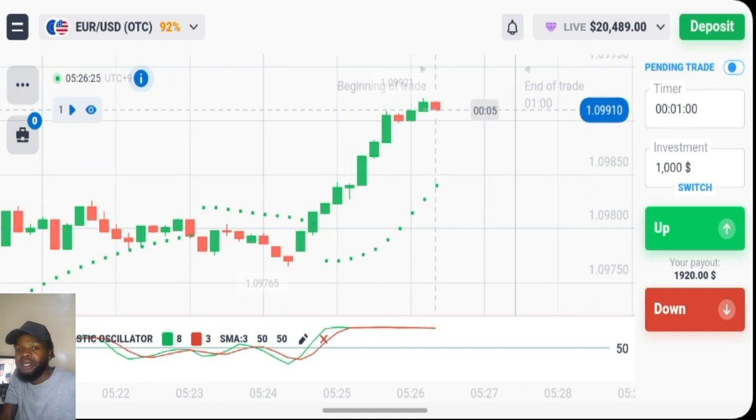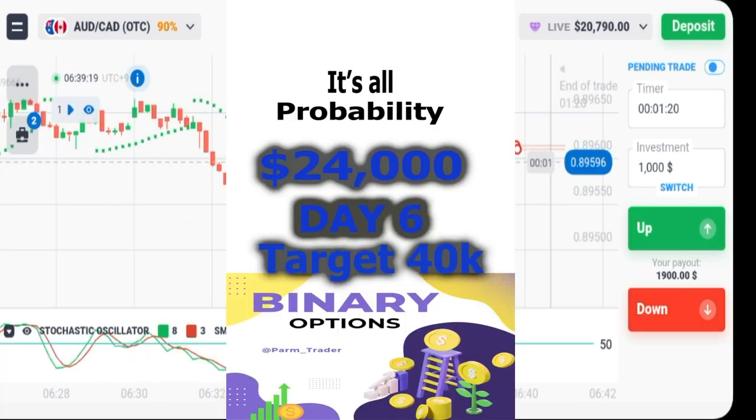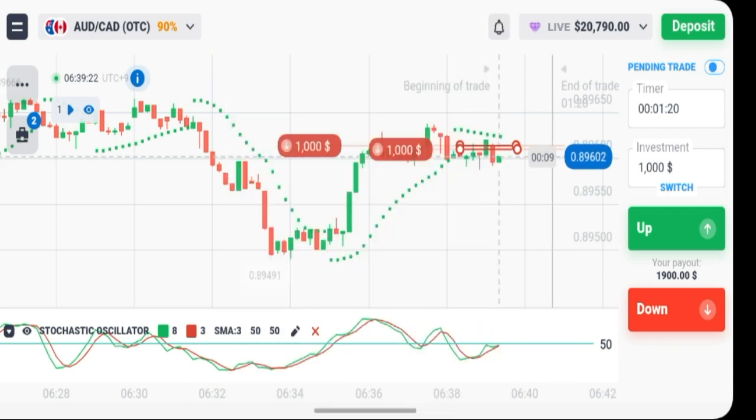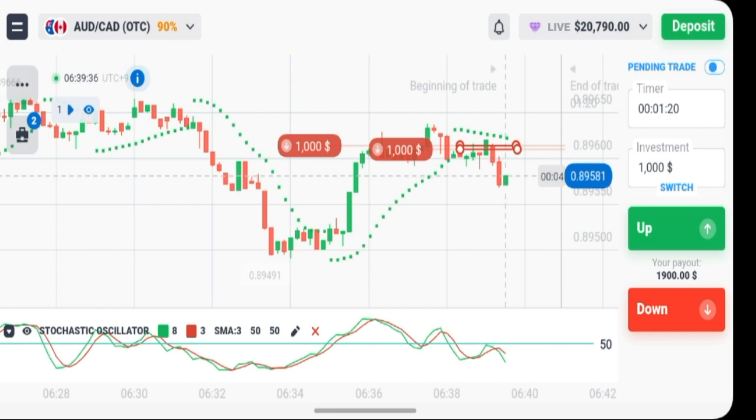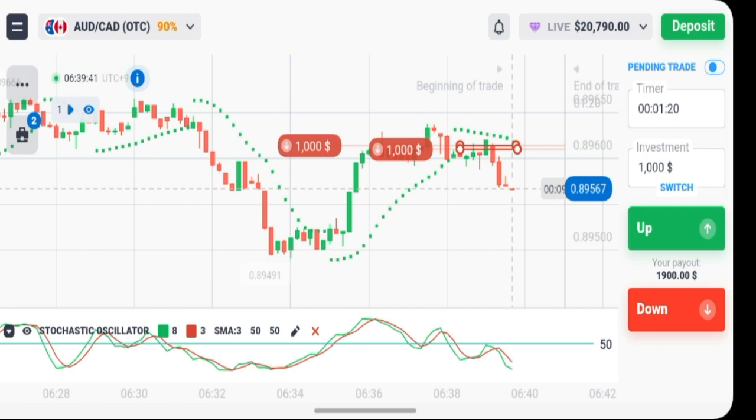So that's what's up. You notice that even if I'm losing, I don't change the rules to my strategy. I don't change the way that I'm executing my trades. The market only gives you a profit according to probability. It's all about probability. We're making profit out of probability.